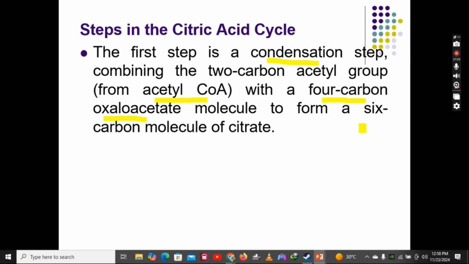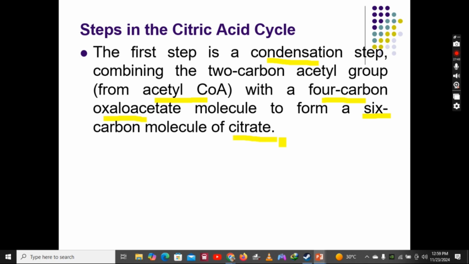And what will be formed now is a 6 carbon molecule, which is called citrate. This is what is happening in the first step. There is a condensation reaction that is taking place.